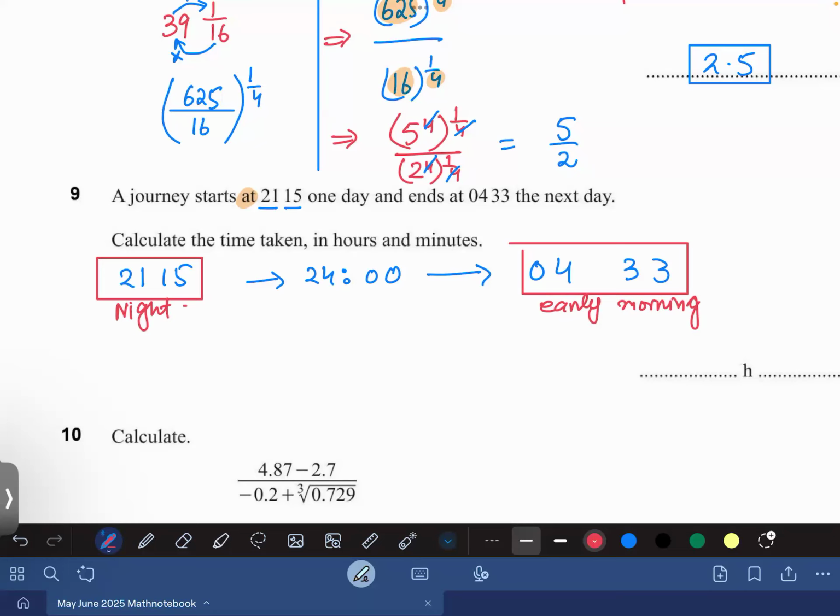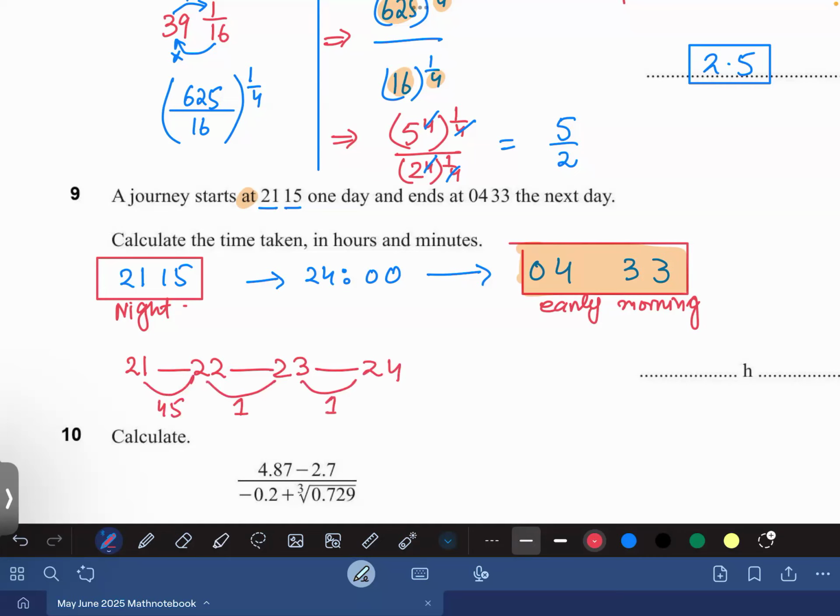Now we have 4 hours and 33 minutes here, which we are going to add with the difference of 24 minus 21:15. So beta, we know that from 21 to 22, 22 to 23, 23 to 24, this is one complete hour. This is one complete hour, but this is only 45 minutes.